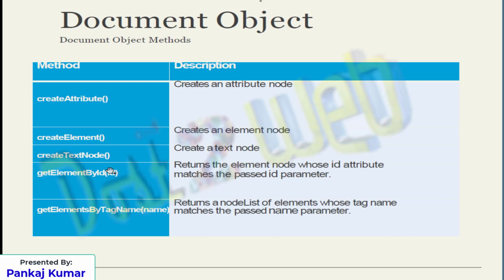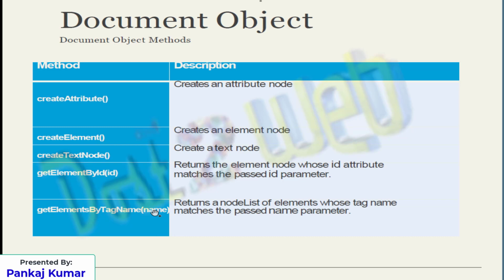Next is getElementById. If you want to call any element and match it with the parameter, you define the ID as the parameter and it returns the element. In the same way, if you want to return a node list of elements to match, you use getElementsByTagName and pass the tag name as the parameter.